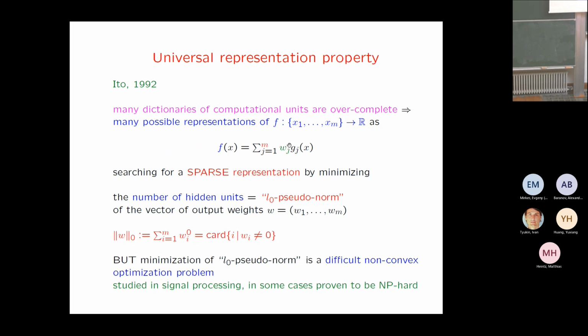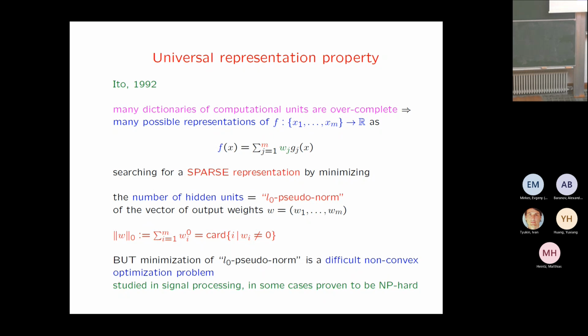What Ito did is that he basically proved that for some classes of neural networks, you can find these coefficients by solving a family of linear equations, meaning that you can find units that form a non-singular matrix.